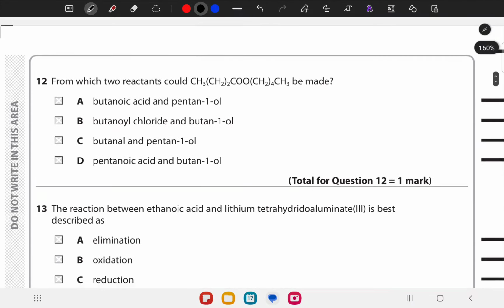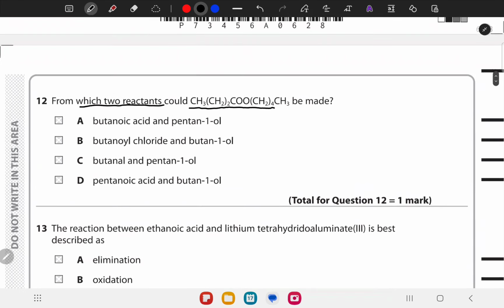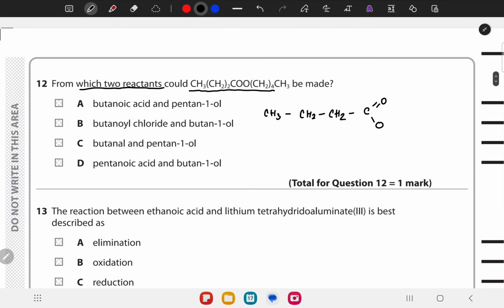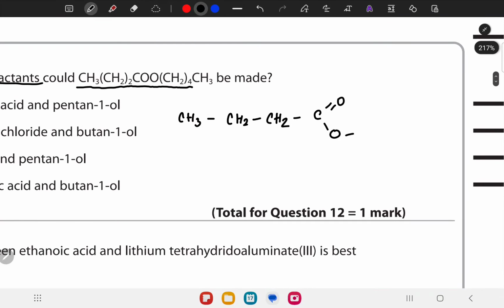Now in question 12, we are told from which two reactants could CH3CH2CH2COO(CH2)4CH3 be made.